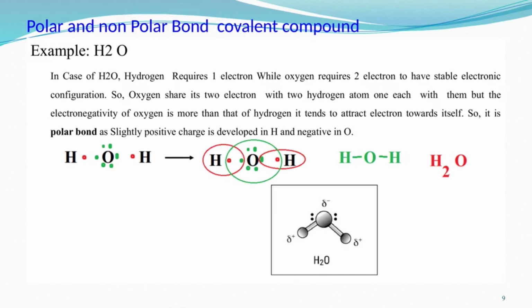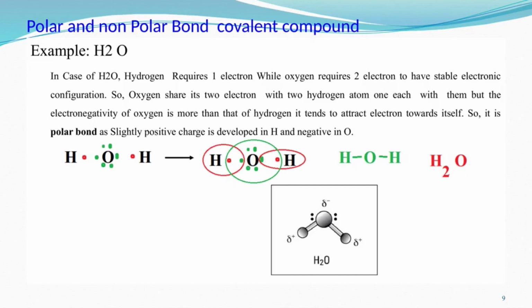the water molecule. The water molecule is also a polar covalent compound. We have discussed this many times earlier, but I want to explain here. In the case of water, hydrogen requires one electron, while oxygen requires 2 electrons to become stable.